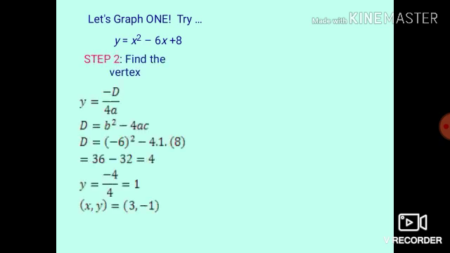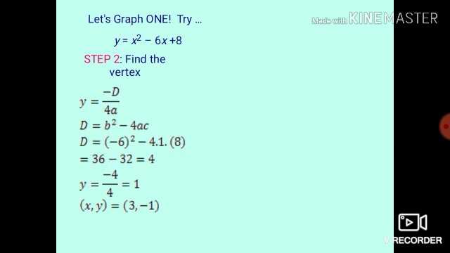Vertex is x, y, and y is -D divided by 4a. D is discriminant. The formula of discriminant is b squared minus 4 times a times c. Because the value of b is -6, so -6 squared minus 4 times 1 times 8. -6 squared is 36, and 4 times 1 times 8 is 32.